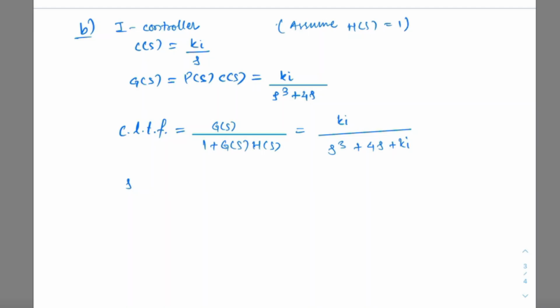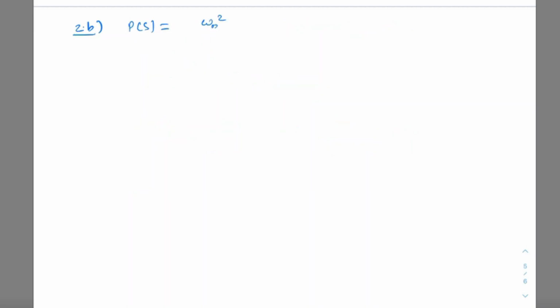So from what we have learned, we'll consider a general second order system, that is our P of s is omega n square over s square plus 2 zeta omega n s plus omega n square.